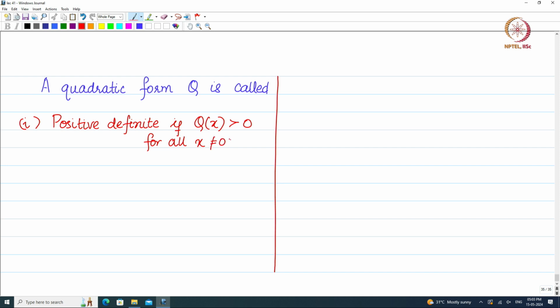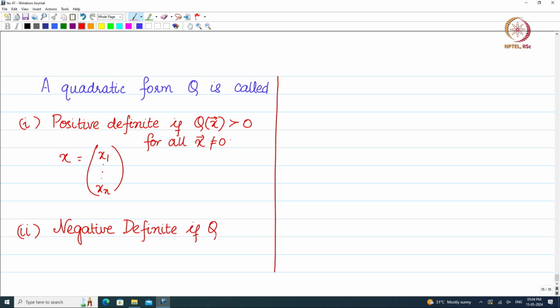Remember this x that I am talking about is the n-component vector x1, x2, up to xn. So I will write this as Q of x for x not equal to the zero vector. The second one we are going to say negative definite if Q of x is less than 0 for all nonzero vectors x.